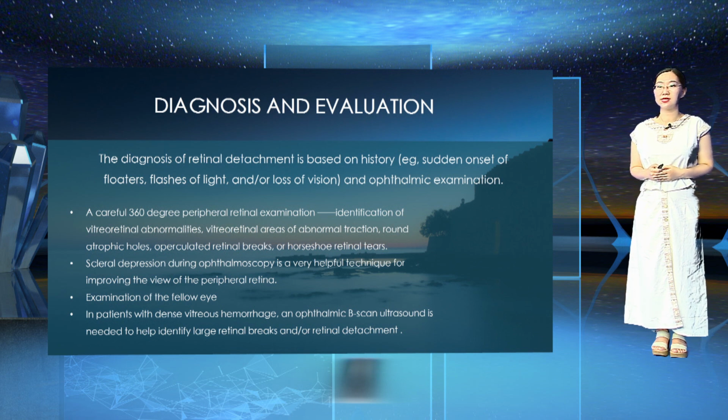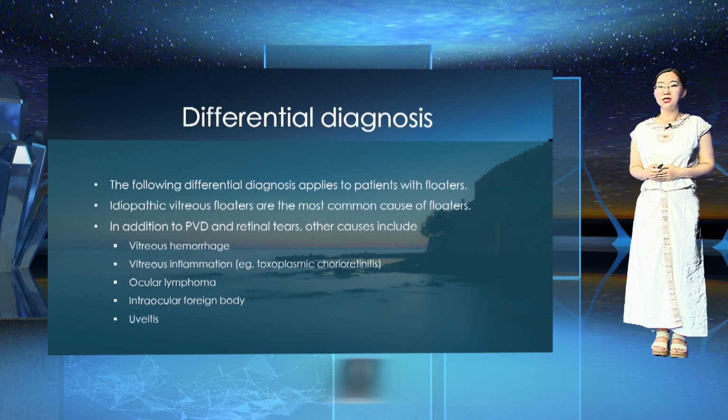In patients with dense vitreous hemorrhage, B-scan ultrasound is needed to help identify large retinal breaks or retinal detachment. Differential diagnosis. The following differential diagnosis applies to patients with floaters.